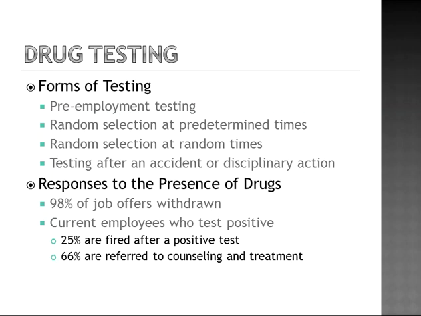And then when you have the position, there may be predetermined times or random times in which you are going to be selected to provide samples for testing. And of course, let's say you're a bus driver and you're involved in a bus accident, then you will be required to take drug testing after the accident to see if there were any drugs that were possibly contributing factors to the accident.